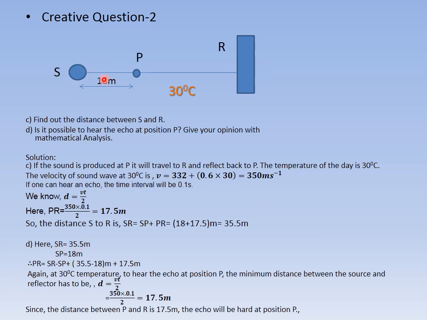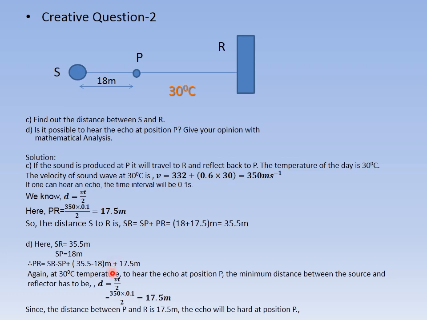Here SR means 35.5, the total distance, and SP means 18. So what is the distance between P and R? P and R means SR minus SP. SR is 35.5, SP is 18, and the result of the subtraction is 17.5 meter.